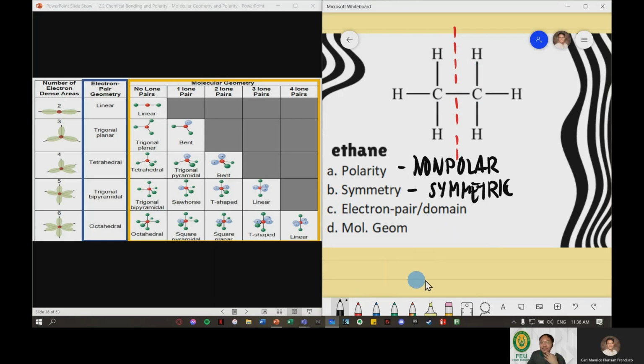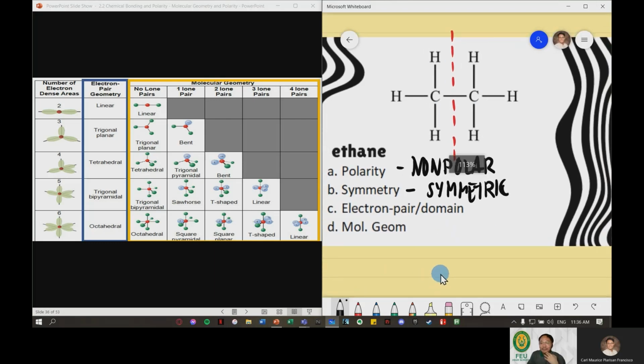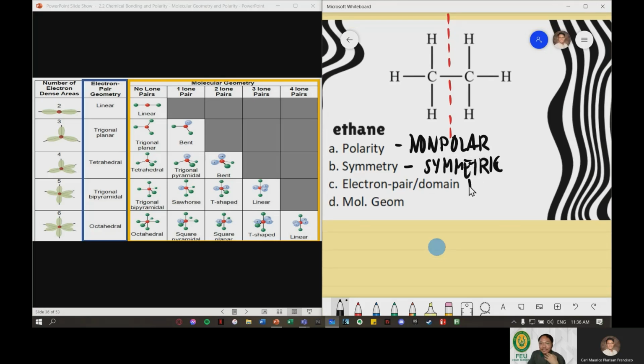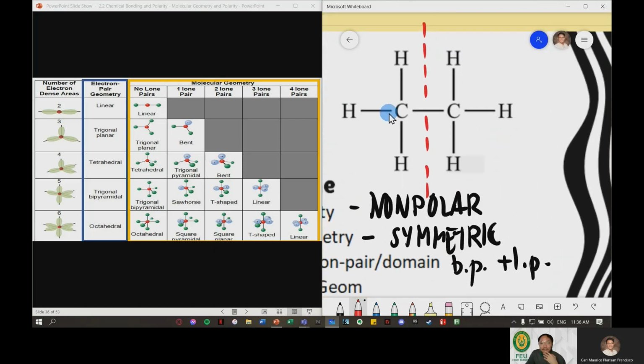Now about the electron pair domain. Now you remember the electron pair domain is characterized with BP plus LP. Now in this sense, you will need to decide which will be your focus. Now since ethane has 2 possible central atoms, you may decide either the carbon number 1 or carbon number 2 should be your central atom. In this case, I will have carbon number 2 as my central atom.